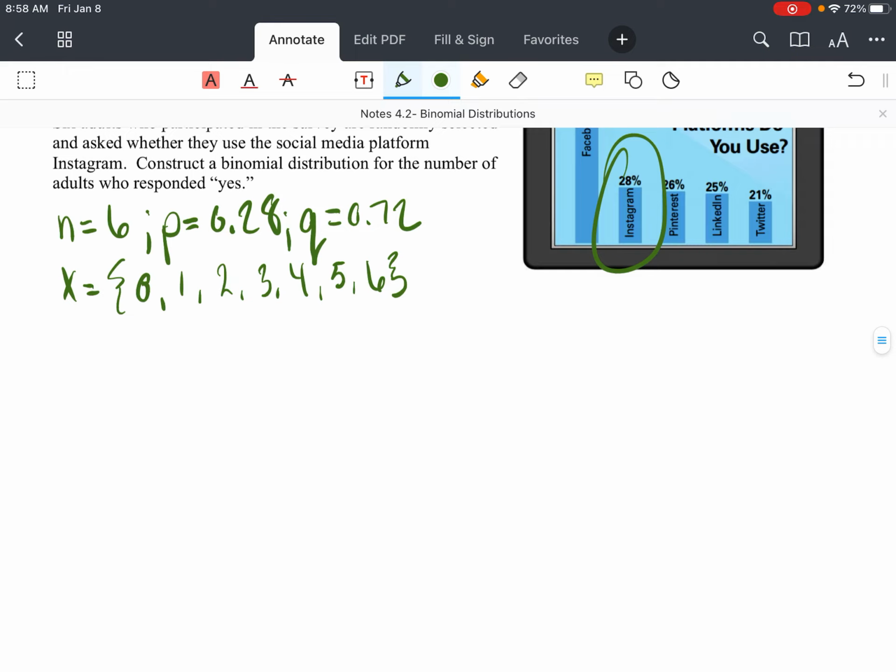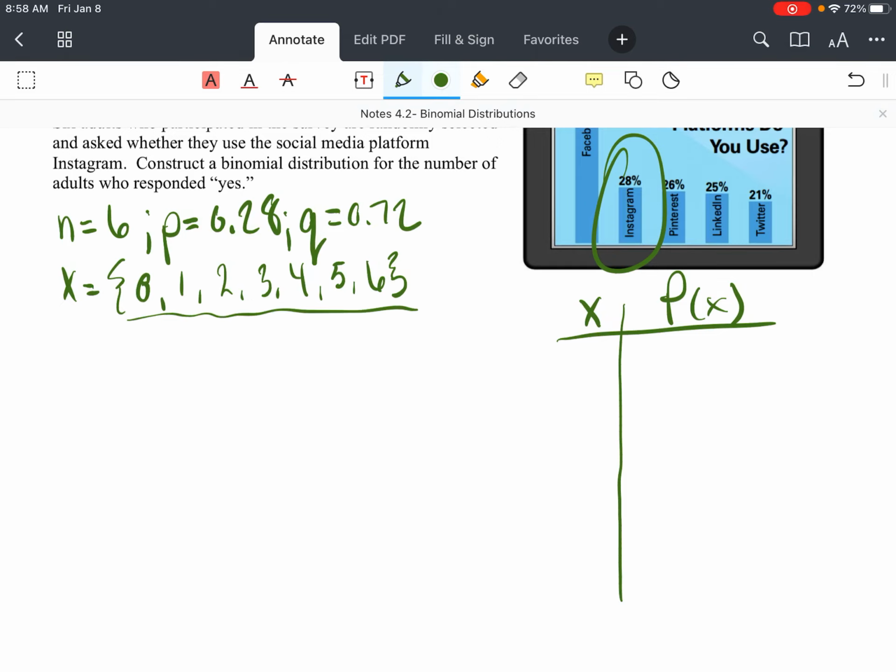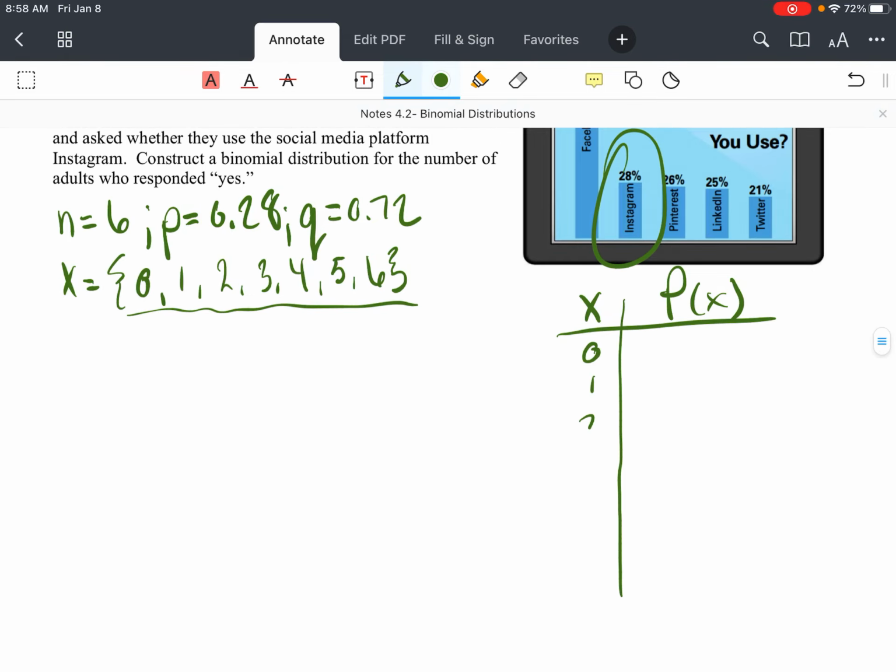So we're going to construct a binomial distribution, and we're going to use this a couple of times. My binomial distribution is going to look something like the probability distributions we were doing in the last section. So I'm going to have x, and I'm going to have p of x. Your x's are the ones that we wrote in the list over here: 0, 1, 2, 3, 4, 5, and 6.